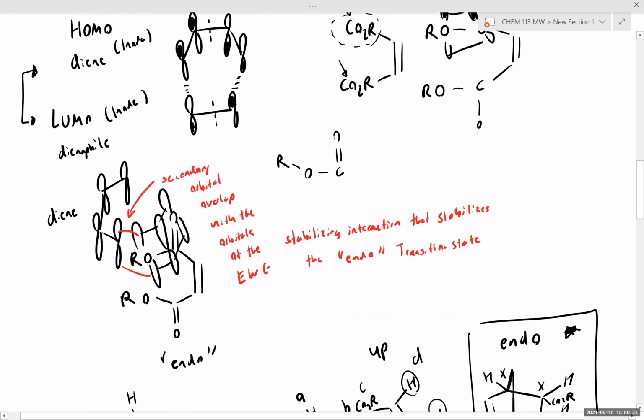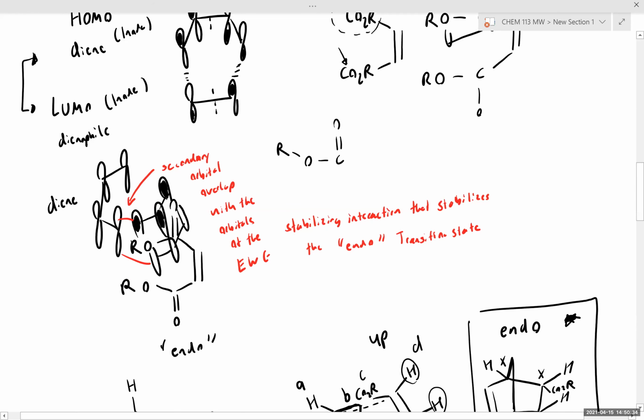Okay, now the important part is that because we have this pi system, because we have these orbitals overlapping and present as part of our withdrawing group, when our diene approaches our dienophile, the diene molecular orbitals can interact with the pi system of your dienophile substituents, and we can engage in secondary orbital overlap interactions with the orbitals on your electron withdrawing group.